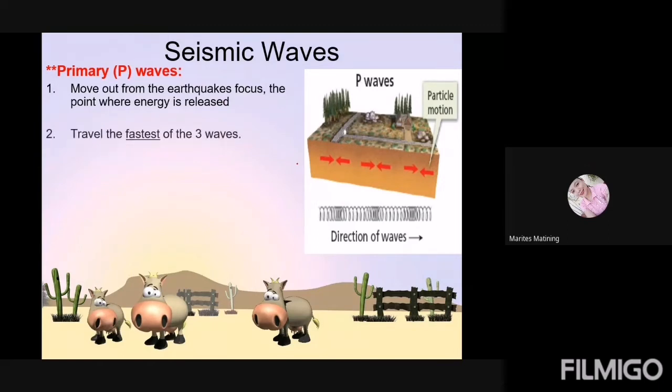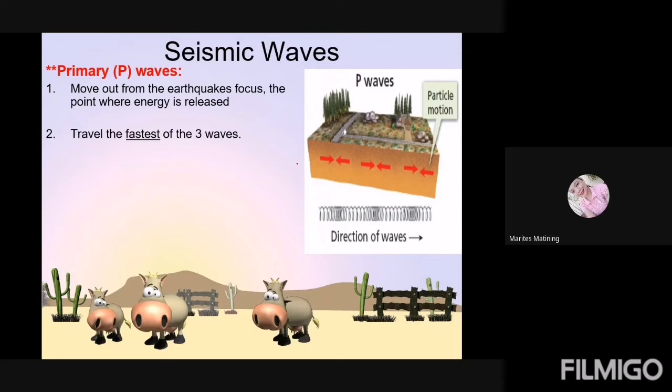Next. So the P waves travel the fastest of the two waves. If we get the difference between P waves and S waves according to their speed, mas mabilis mag-travel si P waves kesa kay S waves.